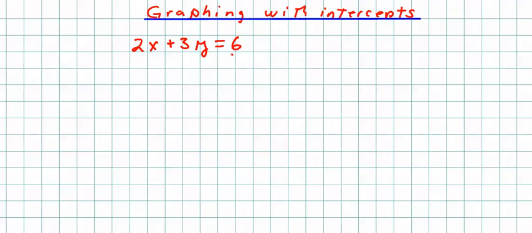Since 6, the constant term, (I'm going to put in parentheses what it is) is divisible by the coefficient of x and the coefficient of y, it's very, very easy to graph.